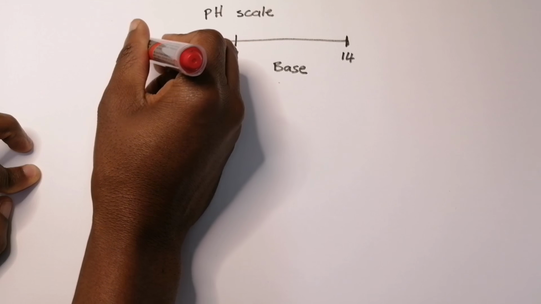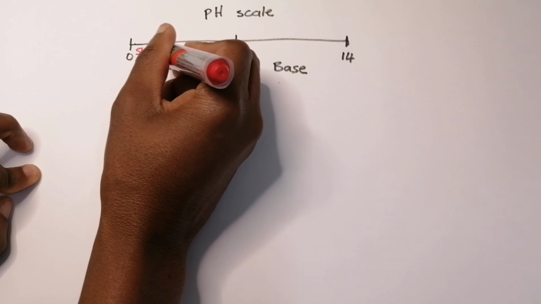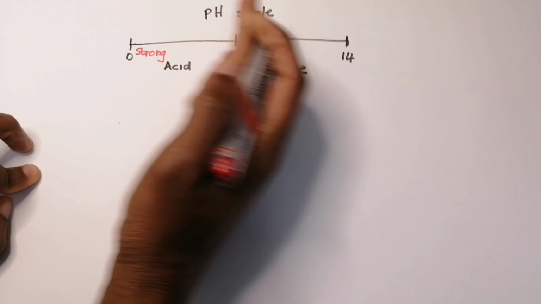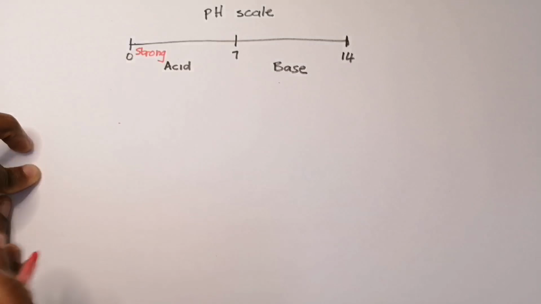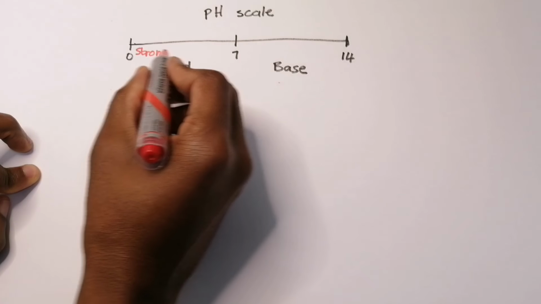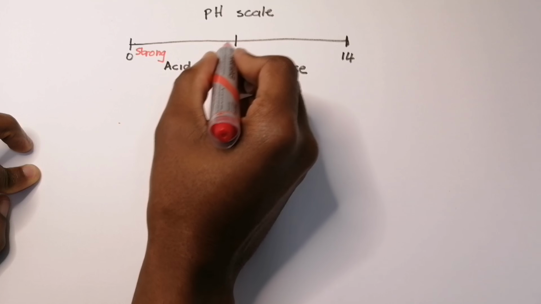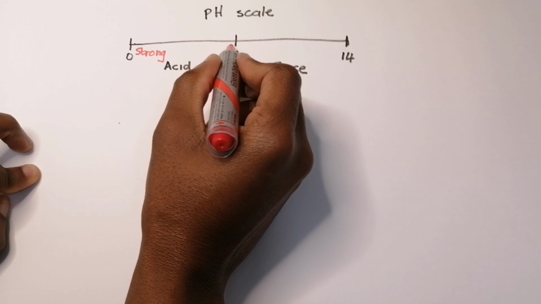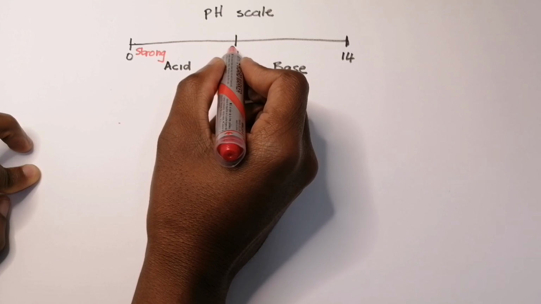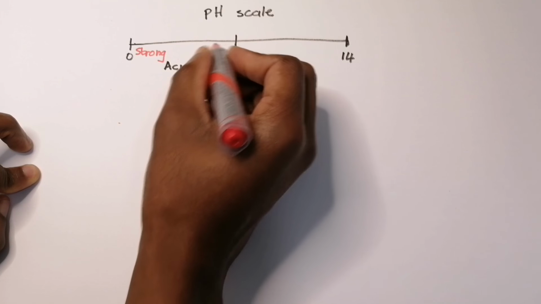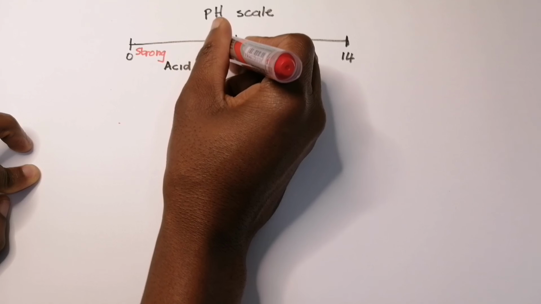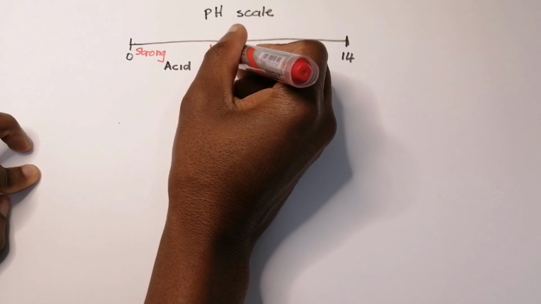So strong acids would lean more towards the 0 mark. Are you with me now? Anything that still has a pH of less than 7, but leans closer to 7, would be regarded as a weak acid.